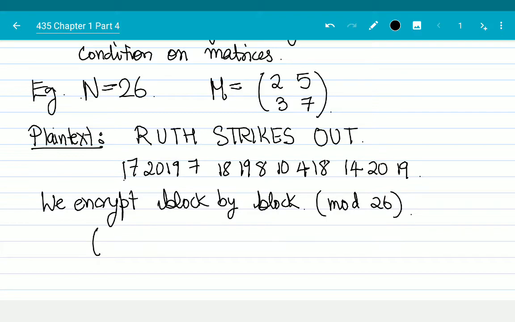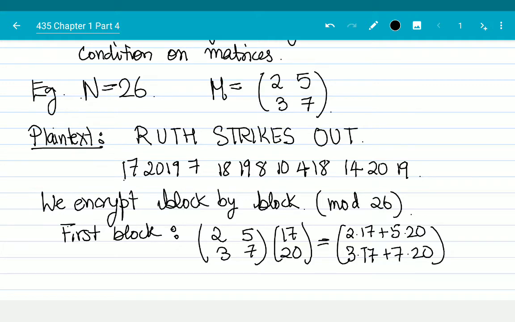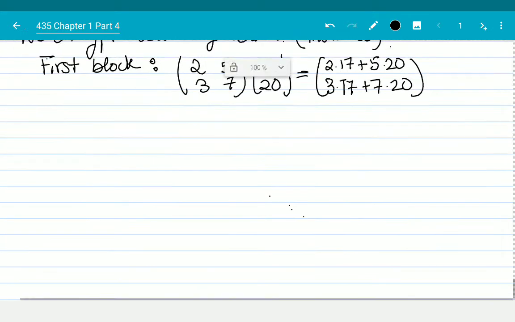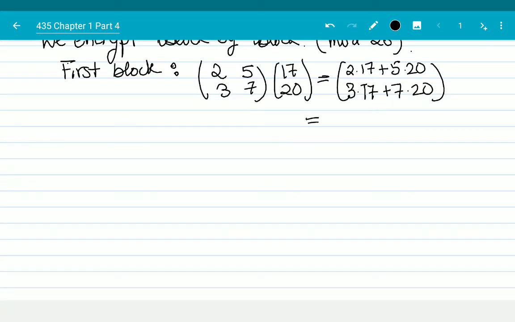And so the first block is 17, 20. We hit it by the matrix 2, 5, 3, 7 with 17 and 20, which is 2 times 17 plus 5 times 20, and 3 times 17 plus 7 times 20, which is equal, after computation, to 8 plus 22 mod 26 over 25 plus 10.